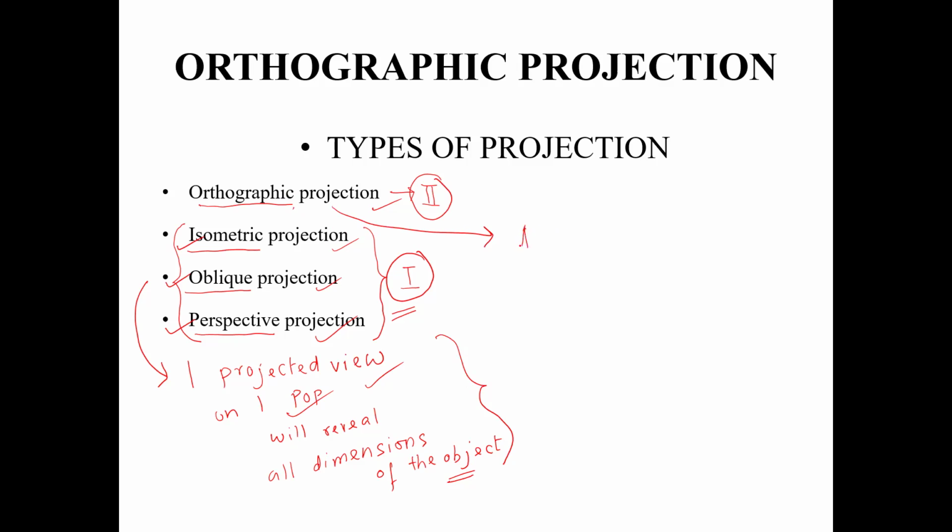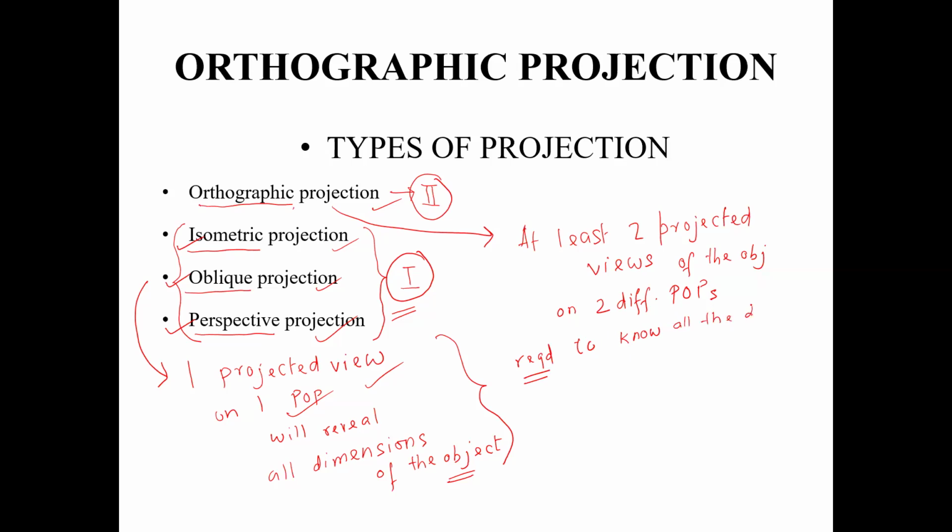You will require at least 2 views. At least 2 views means at least 2 different projected views of the object on 2 different planes of projection in order to know all the details about the shape and size of the object.